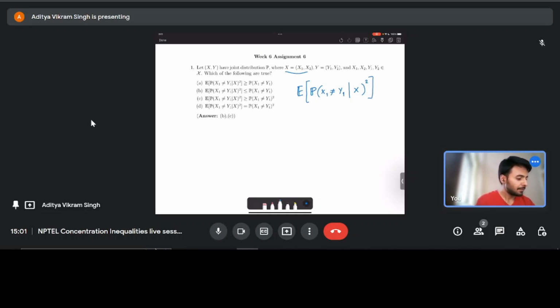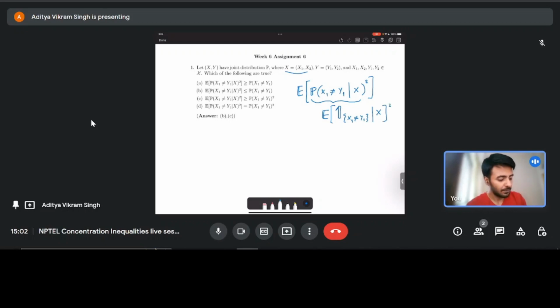So let's write this probability as an expectation. What would this probability be? This is just the expected value of the indicator of X1 not equal to Y1, given X, the whole square.